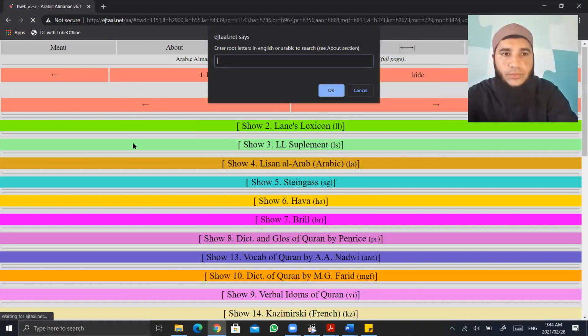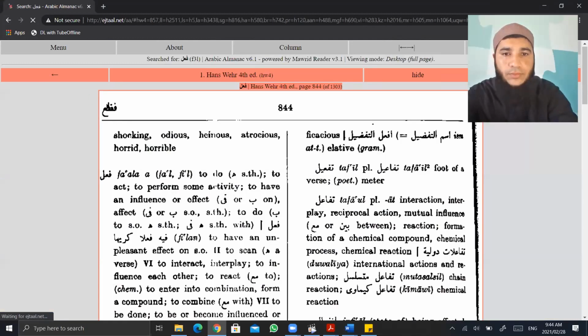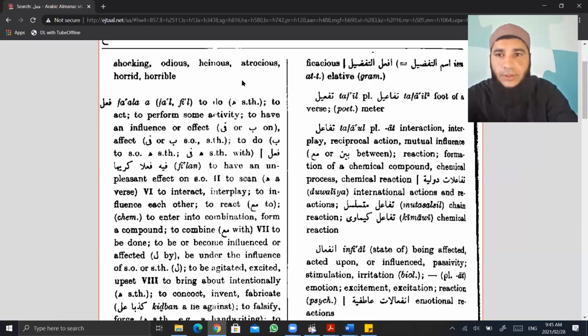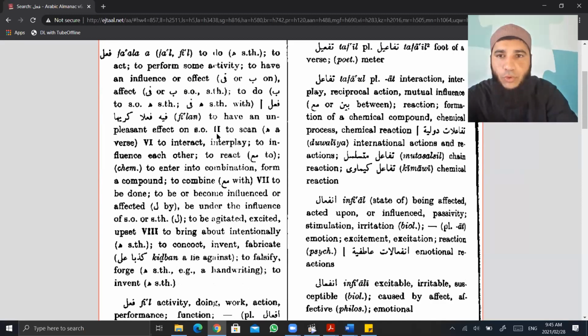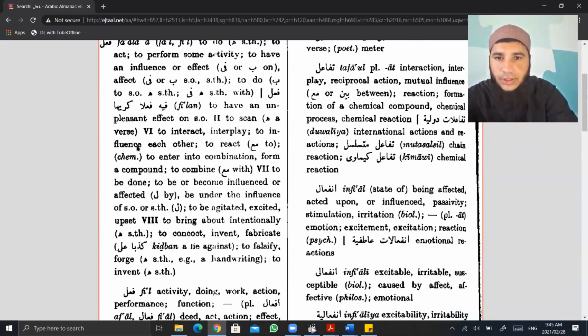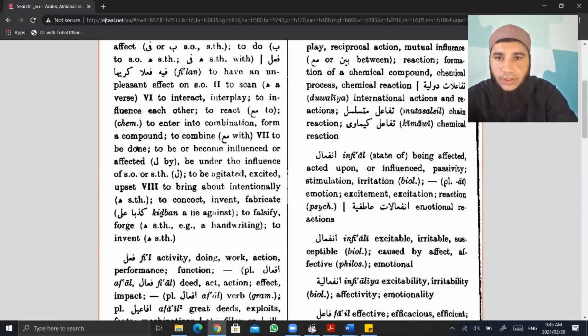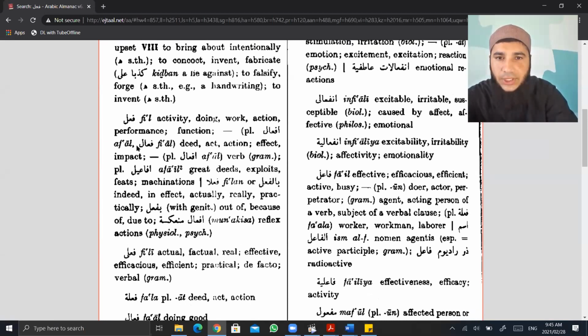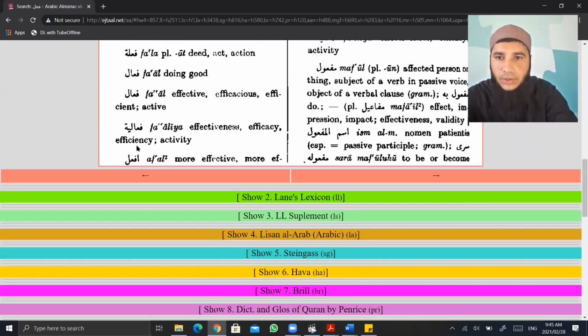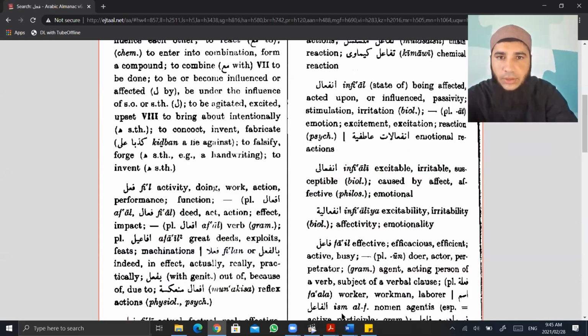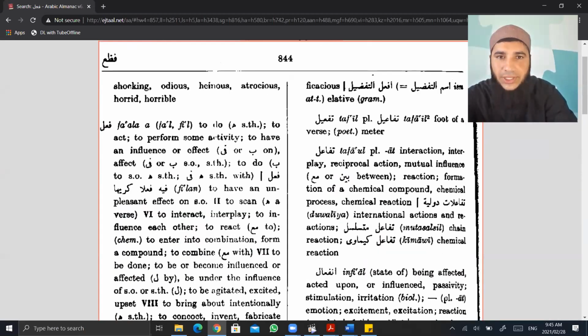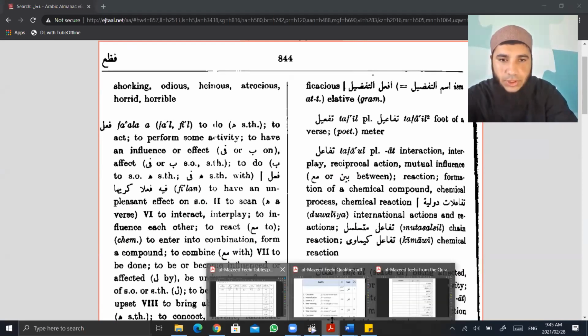So if you look here, we have fa'ala over here. If we go down to the Roman numeral 4, well, we don't actually find it here. It's not really used. But theoretically, if you wanted to form it, it would mean to cause.